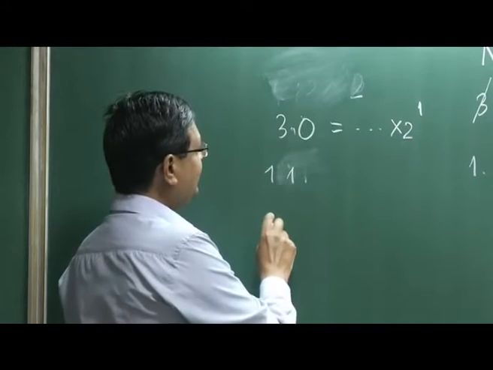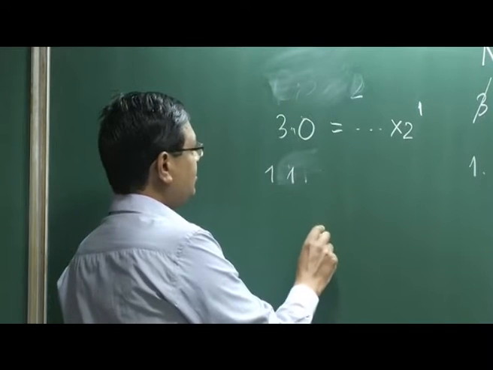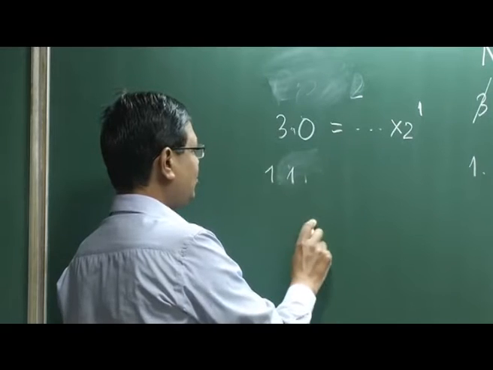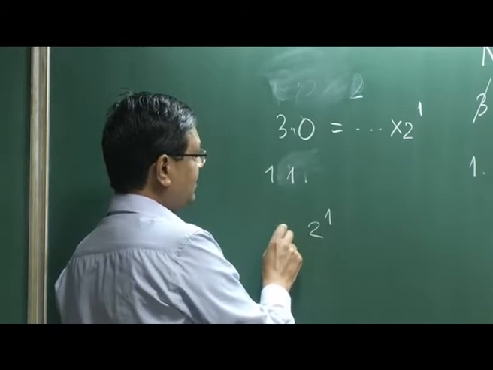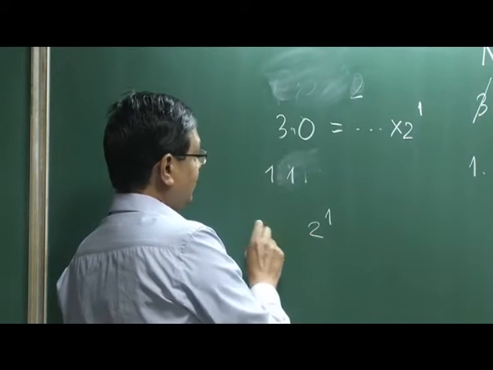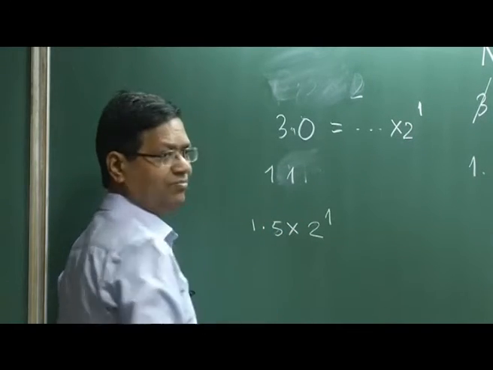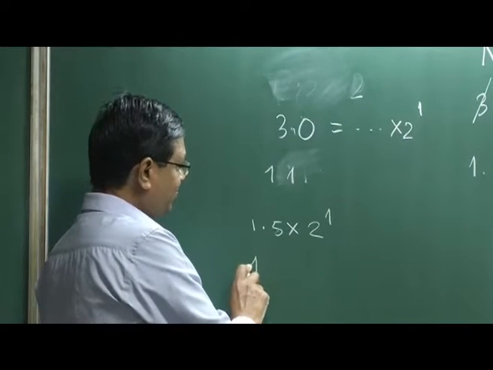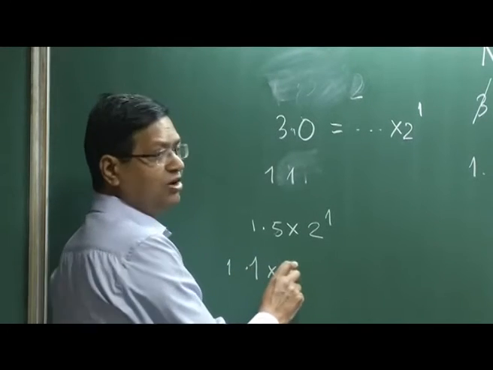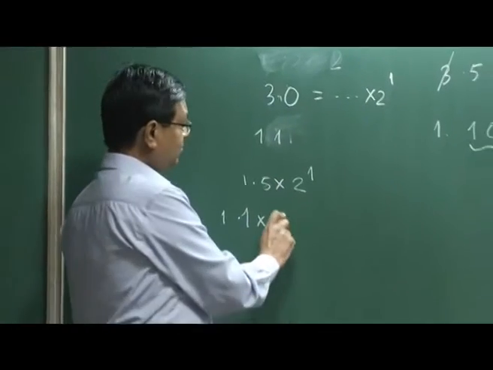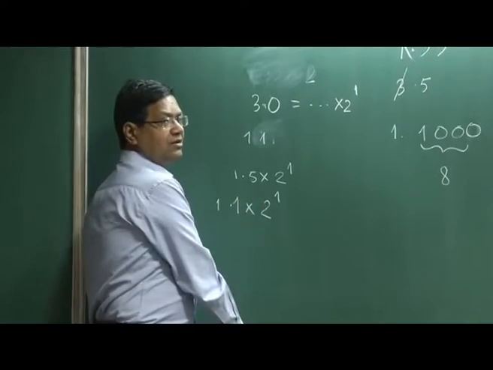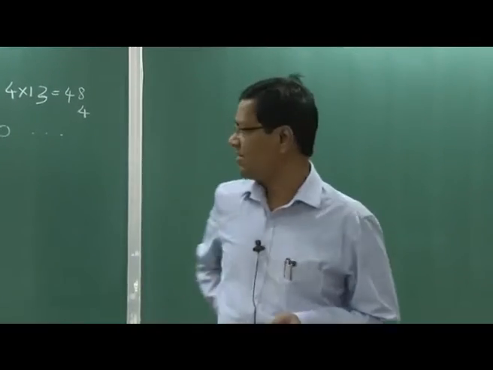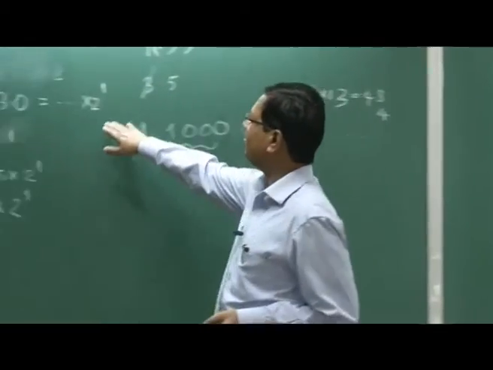So for the float representation, 2 to the power 1 you take out, and then it is going to be 1.5. So this is how you will represent it: this is going to be 1.1 into 2 to the power 1, the exponent being 1. Check in your computer, this is how it should happen. The exponent is in power of 2.